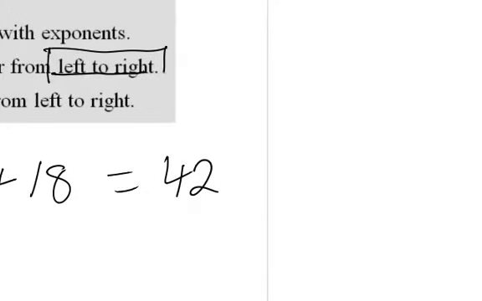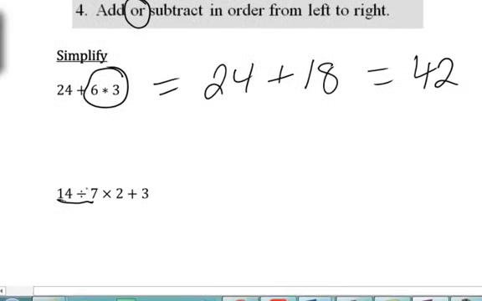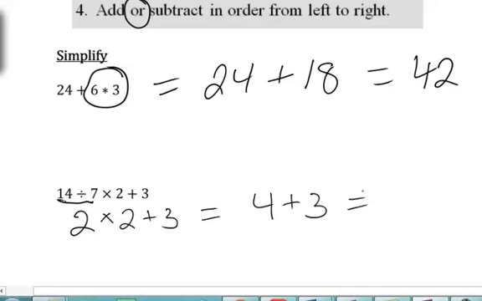Well, according to my order of operations, I need to go in order from left to right. The first thing that I see is 14 divided by 7. Well, 14 divided by 7 is 2, times 2 plus 3. I'm going to continue going in order from left to right. I have 2 times 2. 2 times 2 is 4 plus 3. Now I have adding, so finally 4 plus 3 is 7.